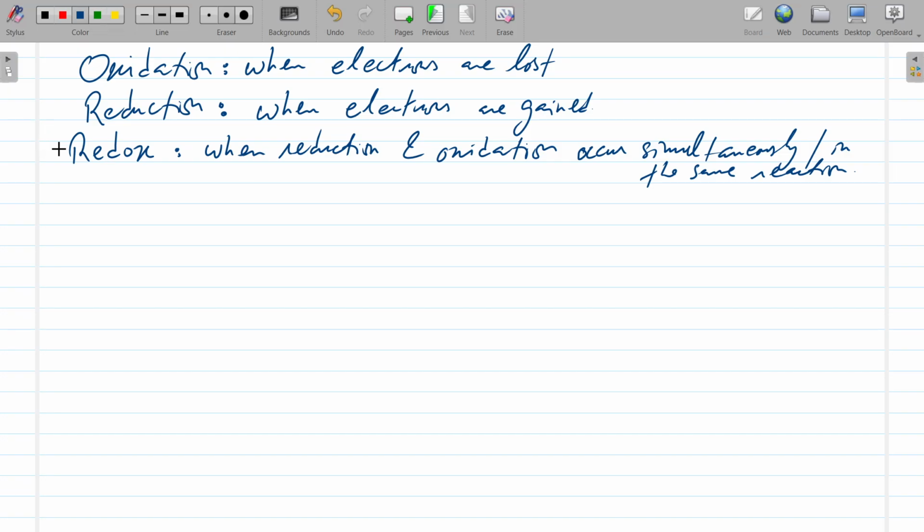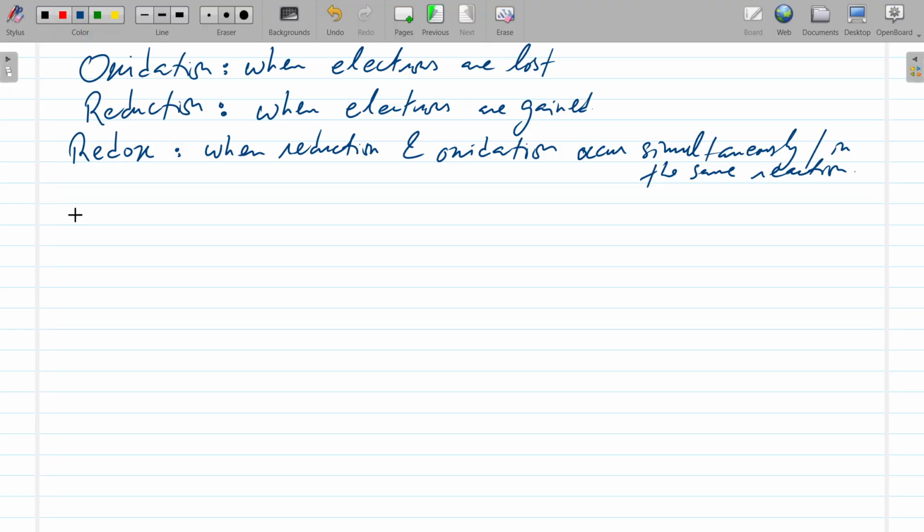Why is it that in chapter 9 there's a different meaning than in chapter 3? In chapter 9 it was different because oxidation can be defined in different ways, depending on what's happening.